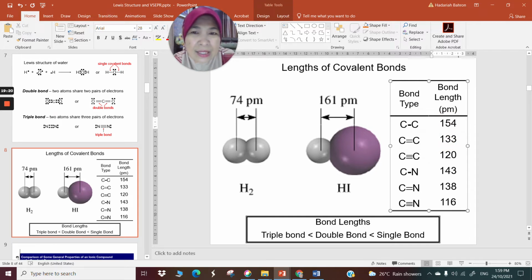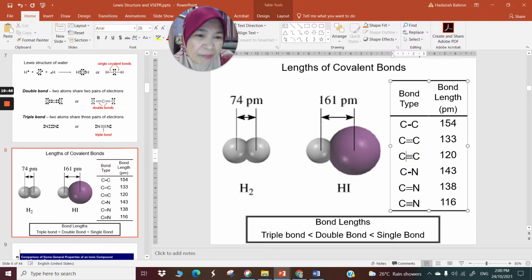So this bond length will give you some indication of the strength of the bond. The shorter the bond, the stronger it is. The longer the bond, the weaker it is. So you're going to see that the triple bond CC is the shortest, the strongest of these three that are shown in this slide.